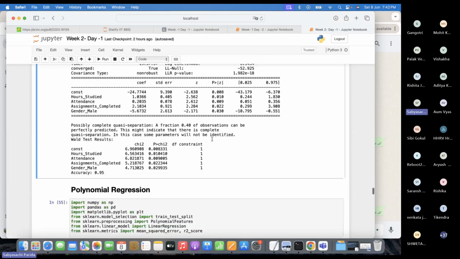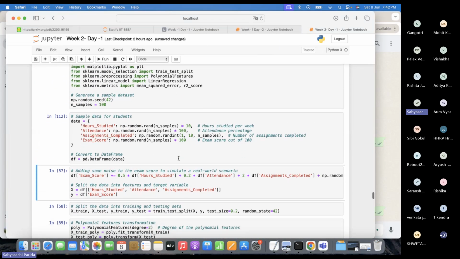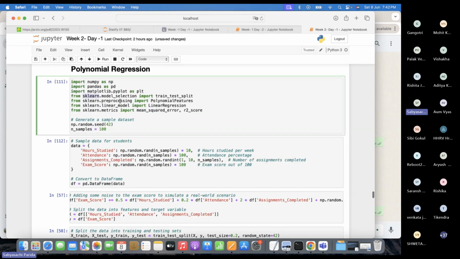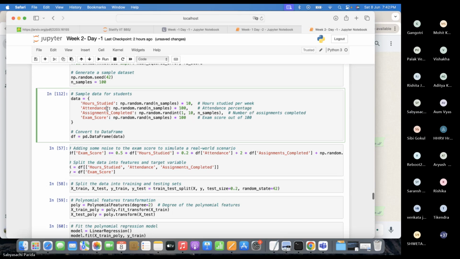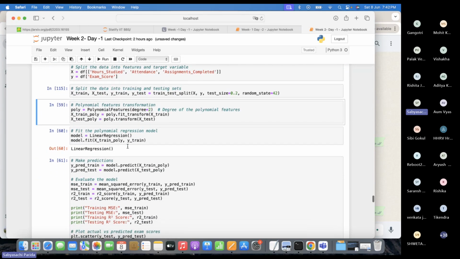Similarly, you can do the same in Python. Under sklearn, I have used the same linear regression, but what I am trying to do is use the polynomial features. For the same x and y split, I am trying to create polynomial features.